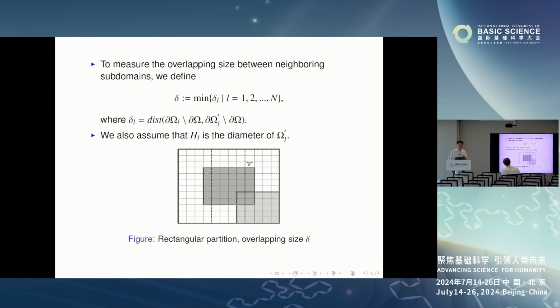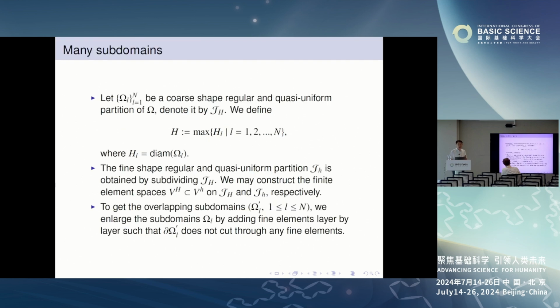We use the bilinear conforming finite element to approximate the original partial differential equations. So obviously, we construct the finite element space. V capital H should belong to V small h on these partitions.